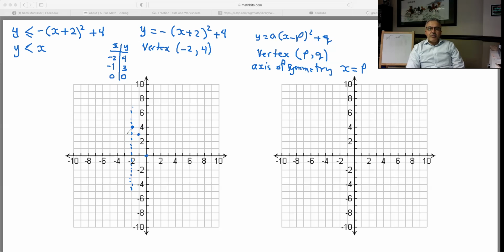It's one away from the axis of symmetry, so you go one away on the other side and you have your other point. This one is 2 away, so you go 2 away on the other side, and you get your other point. Besides the vertex, you have 4 points. Usually they say to show at least 2 points, but once you do these two, you could reflect them and show 4 points on your graph.